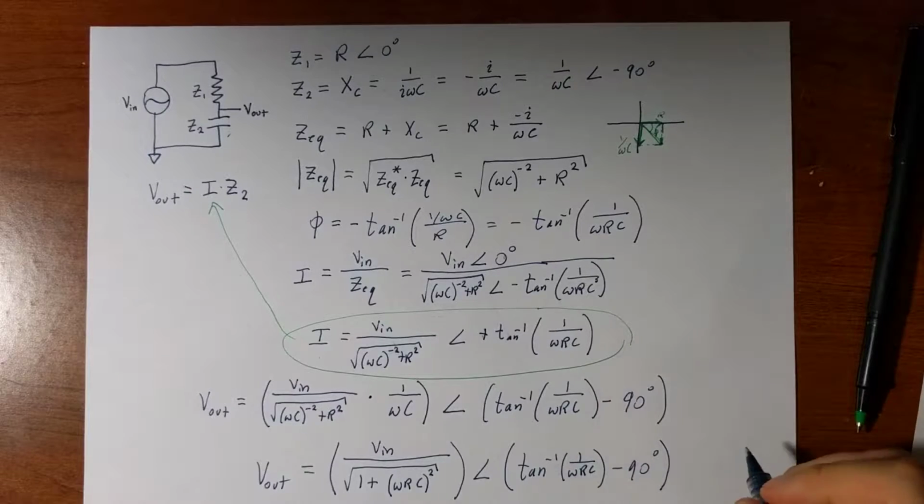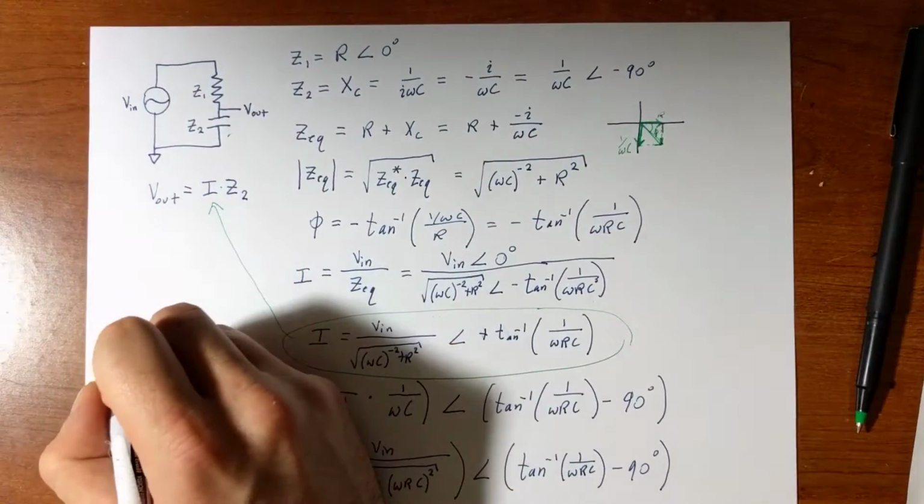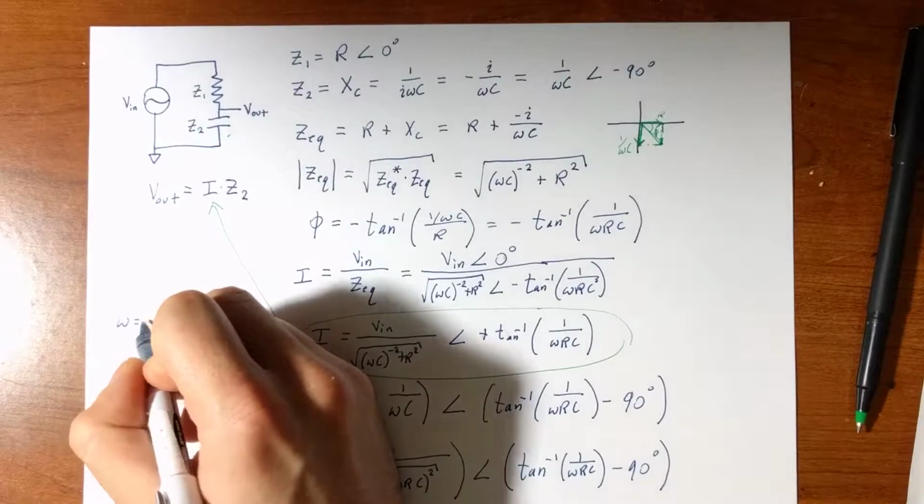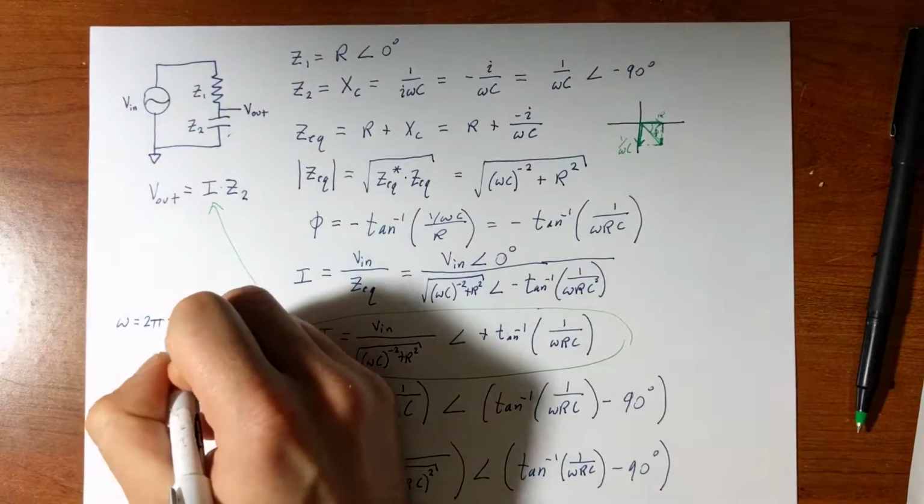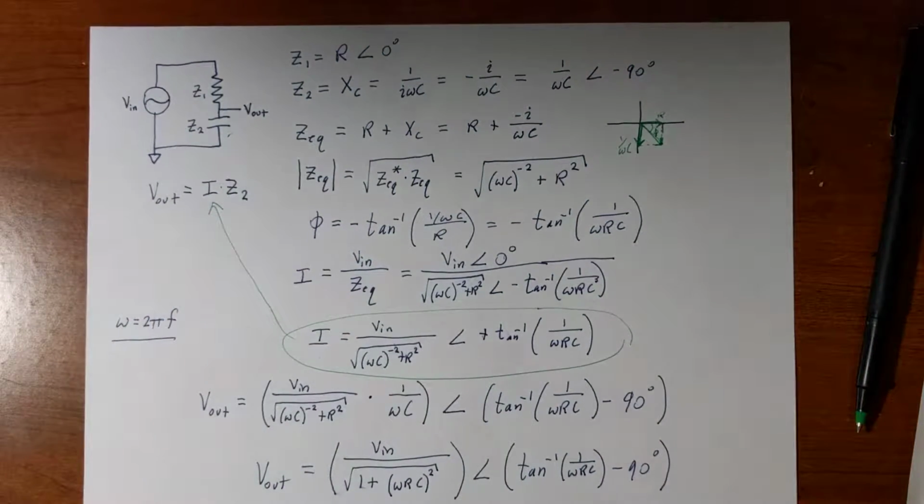Of course, recalling that omega is equal to 2 pi f. And if we notice here, I see that the magnitude of V out is dependent on my frequency. As the frequency increases, the magnitude of my output voltage decreases, and vice versa.